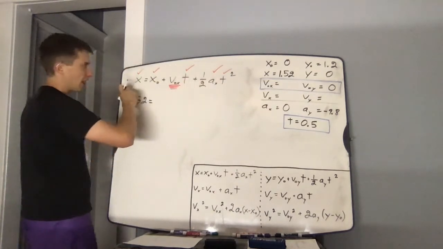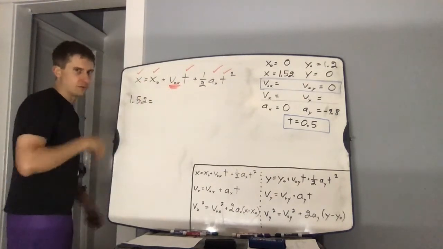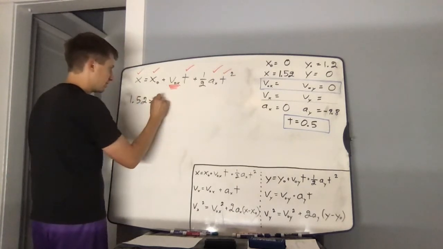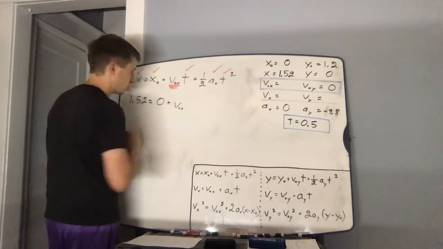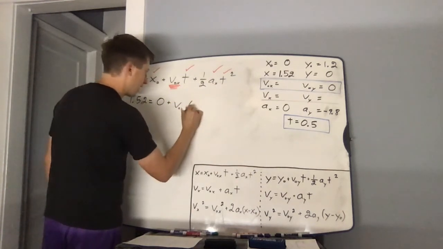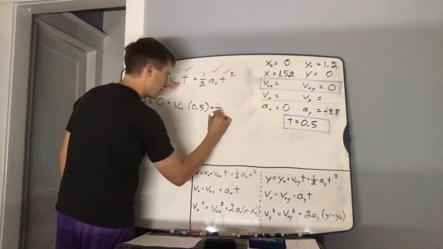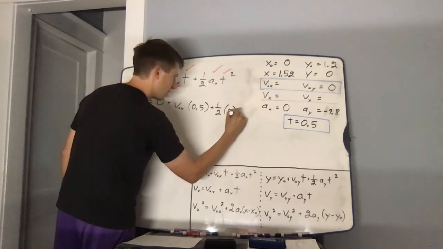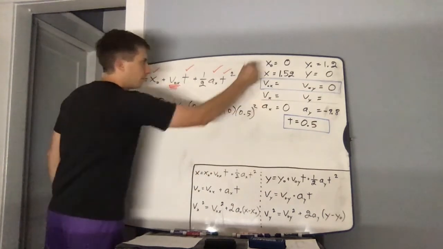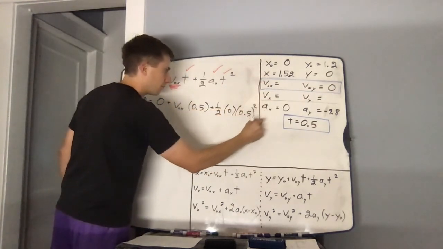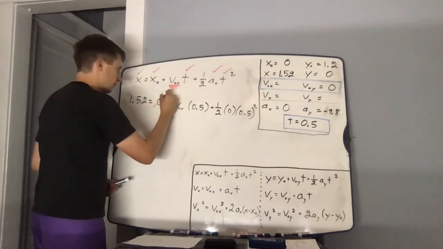Again, I'm going to write out every term in this line, even the terms that are 0, and then in the next line I'll get rid of the terms that are 0. X initial is 0. V initial x is what I want, so I'll leave it as v initial x. T is 0.5, plus 1/2 times 0 times 0.5 squared. So this term is 0.